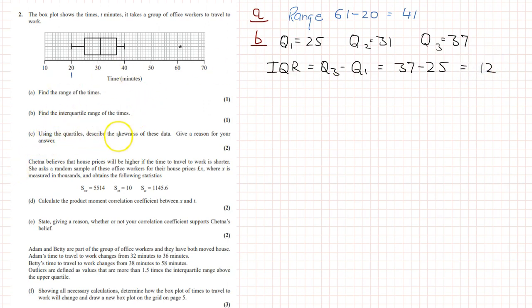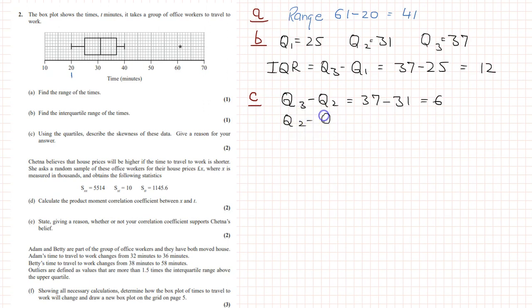Part C. Using the quartiles, describe the skewness of these data. Give a reason for your answer. Let's check Q3 minus Q2. That is 37 minus 31, which is equal to 6.